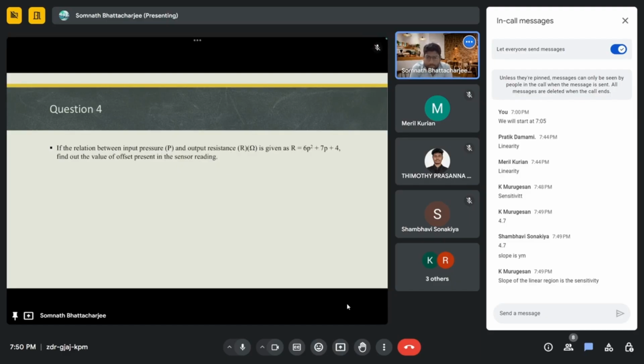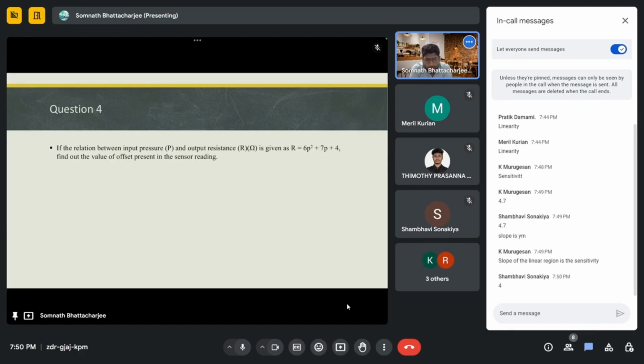In a similar case for a pressure sensor, this is the equation. What is the value of offset present in the sensor reading? Others?